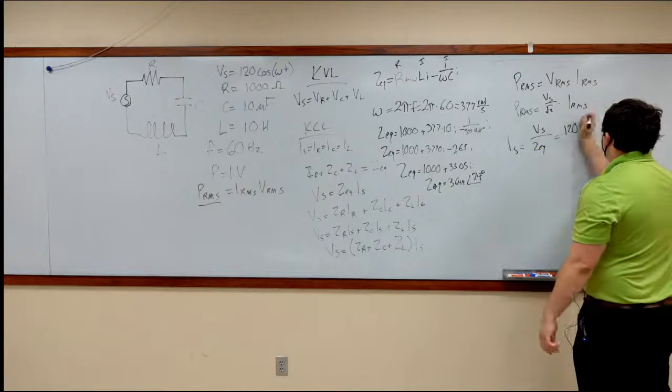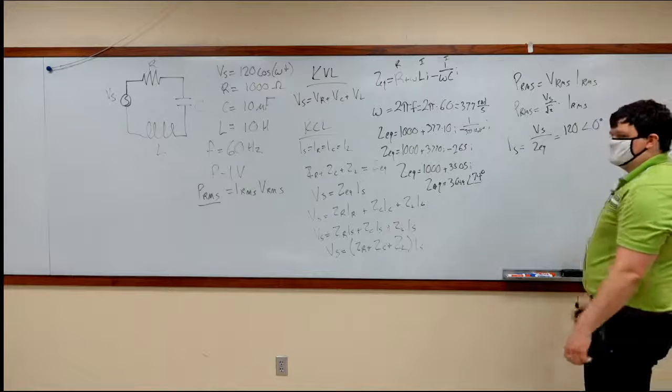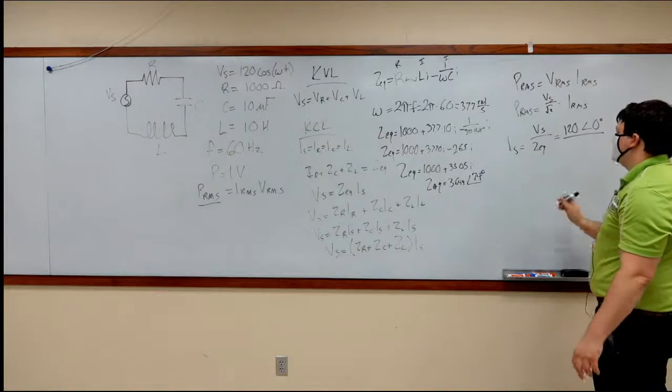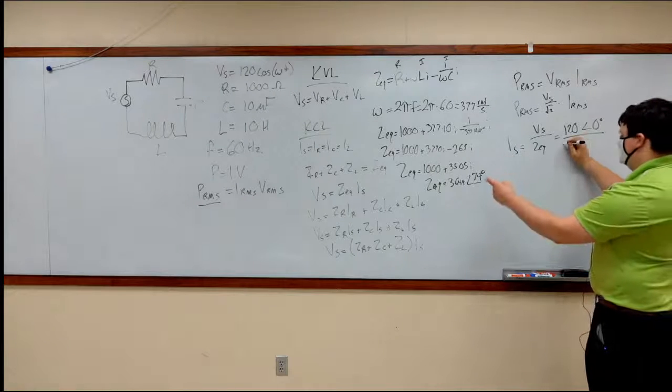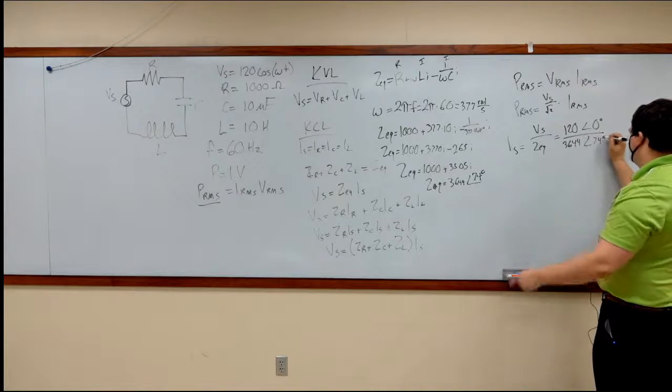Oh, nope, sorry, I'm going to put that in phasor form: 120 at an angle of 0, because there's no phase angle shift on our VS. It's already in cosine form, so we don't have to do the negative 90 thing. There's no phi. So 120 divided by 36.44 at an angle of 74 degrees.